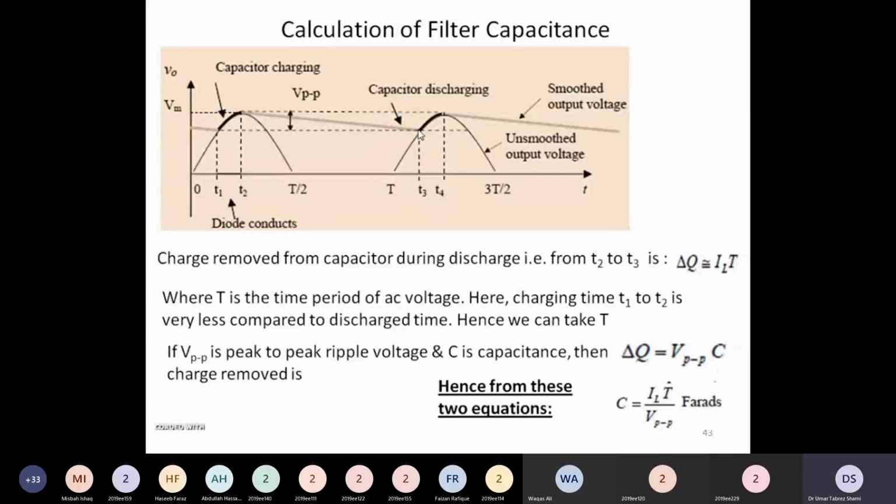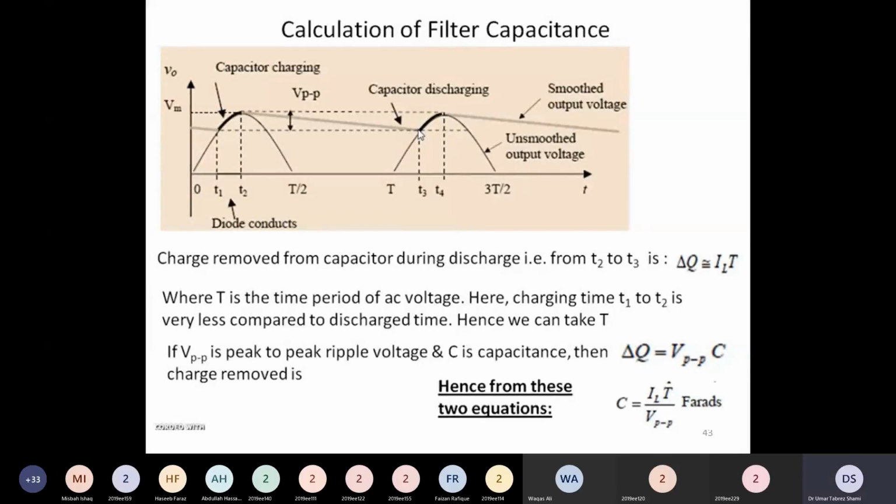Then we see that the ripple voltage is too large and we connect a capacitor. By adding a capacitor, we have reduced the ripple voltage by increasing the V minimum.